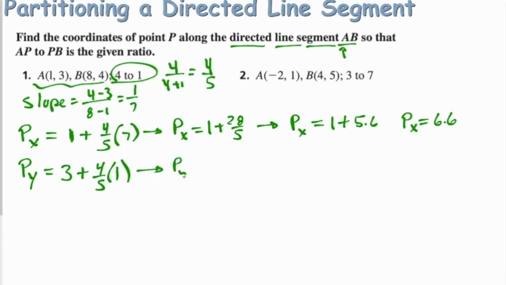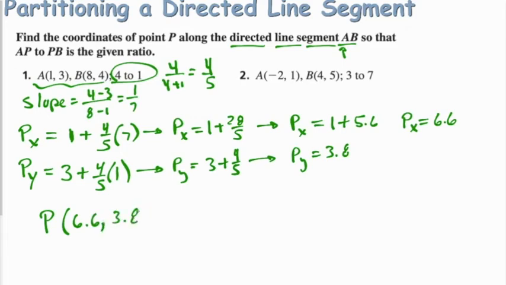This gives us a point P with a y-coordinate equal to 3 plus 4/5. This gives us a P with a y-coordinate equal to 3.8. So our point P has coordinates 6.6, comma, 3.8.